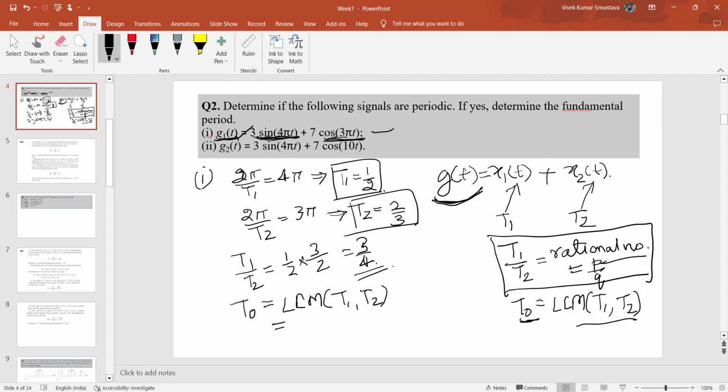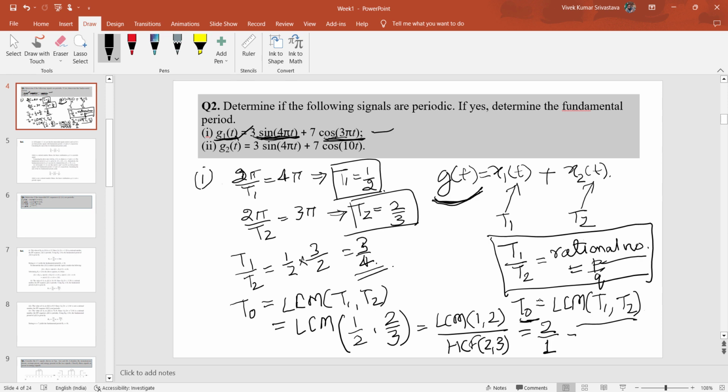That is the LCM of 1 by 2 and 2 by 3, which is determined as LCM of 1 comma 2 divided by HCF of 2 comma 3. This is 2 divided by 1, which equals 2. So the fundamental time period of g1(t) is equal to 2.